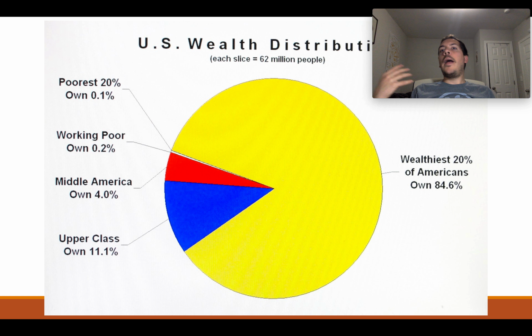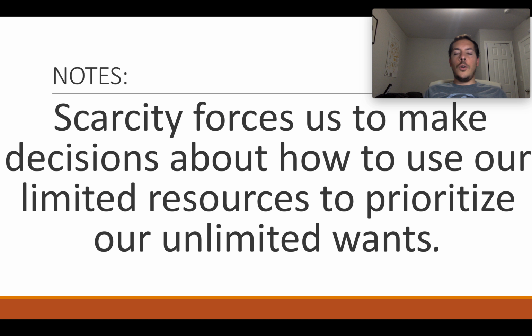How am I going to spend my resources, my assets, in order to get the most that I can? Remember, rational and self-interested. So I want to do things logically that are going to maximize my utility, because I know I can't do everything. I don't have the resources, and I can't get everything that I want. So the one thing scarcity forces us to do is make decisions about how to use our limited resources to prioritize our unlimited wants.